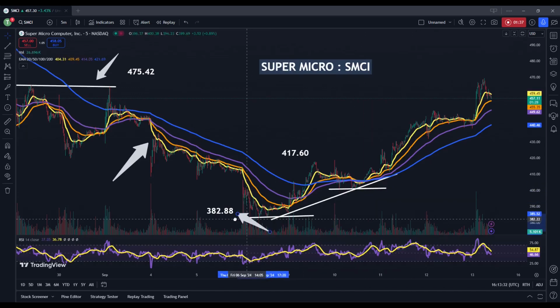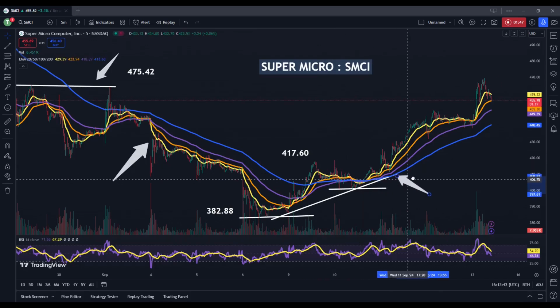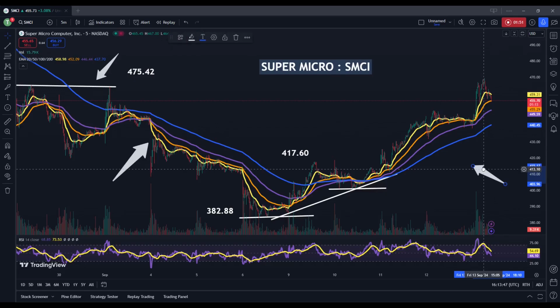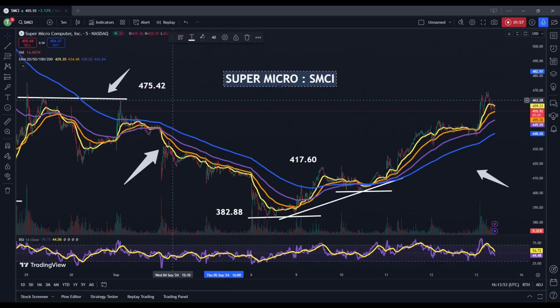This really did start to generate as share prices fell to these lows of 382 and then started to post breaks of resistance, initially coming in at 417.60. Since then, we have seen this trend wave pattern that has started to develop in the positive direction, and now most recently, this prior price target that we were watching at 475.42 has now been tested and broken. So we are seeing some positive developments there.